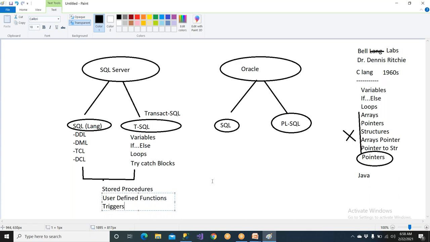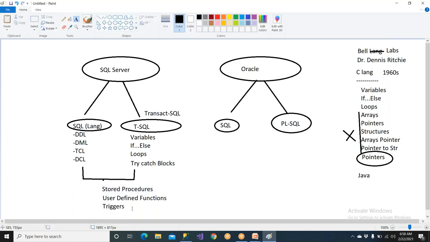Clear? If you want to learn stored procedures, user defined functions and triggers, then definitely you should know SQL. SQL we already know. What is that? Create a table, drop a table, create a database, write a query. All these come under SQL only.